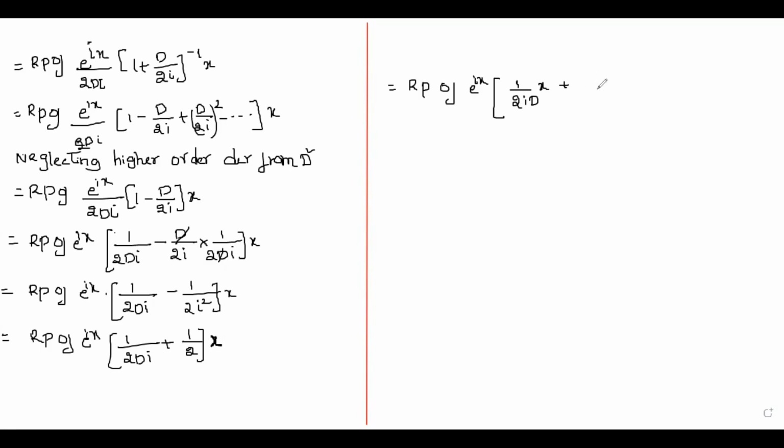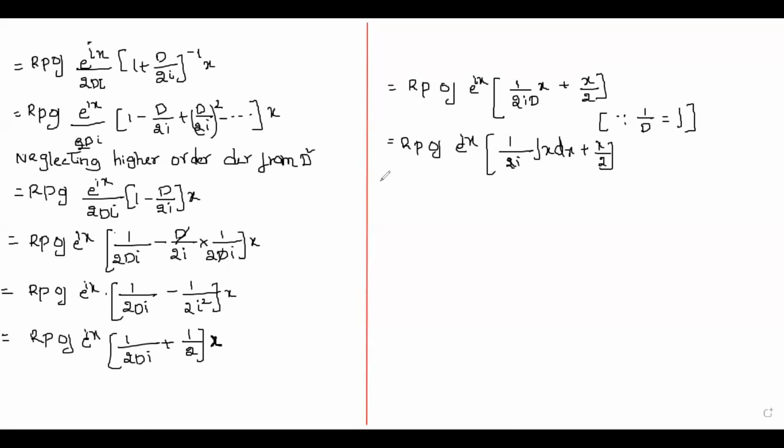plus x by 2. So since we know that D is a differential operator, 1 by D will be the integrating operator. So this will be equal to the real part of e power ix into 1 by 2i into the integral of x dx plus x by 2. Since 1 by D is there, we have to do integration, not differentiation.